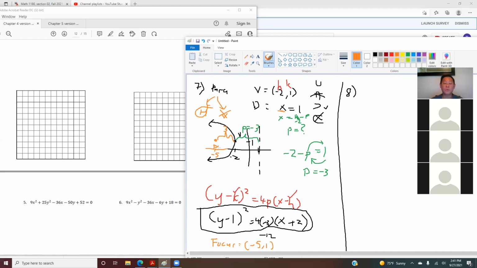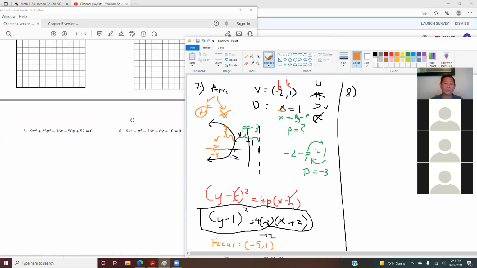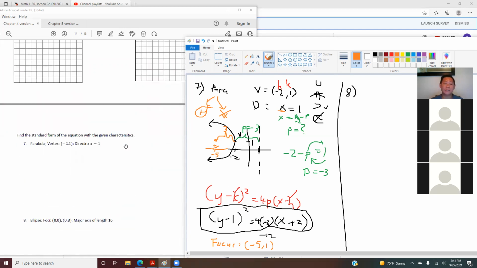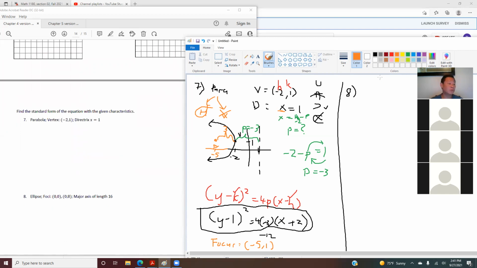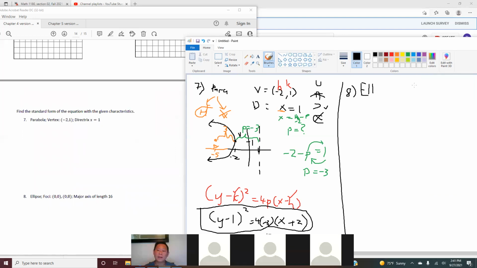You just add 3 to the left here. A picture will really help you. Some people don't want to draw it because the question doesn't ask for a picture, but if you draw the picture, it's really going to help you a lot. Just a sketch of it will be fine.